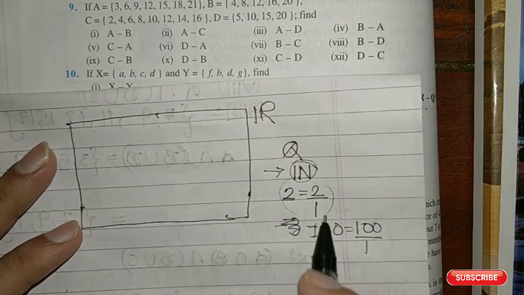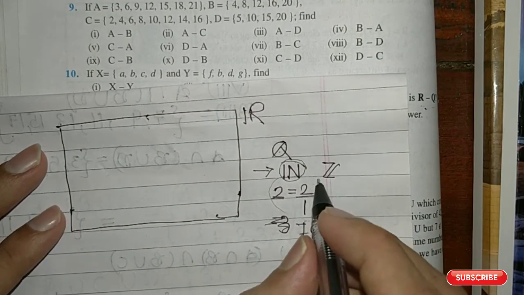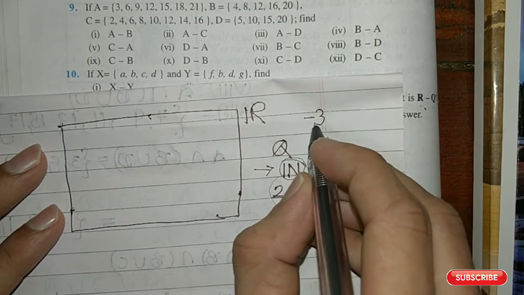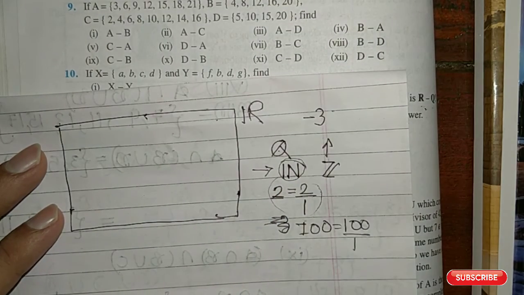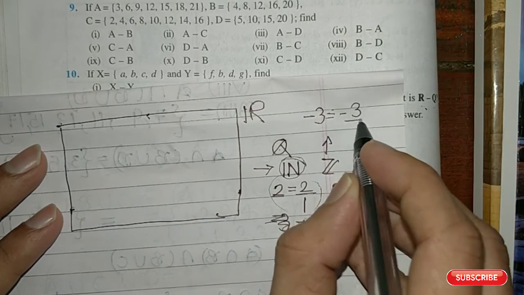Now if you look at the set Z, that is the set of integers. Here also, if you have the integer minus 3, you can write this as a rational number, minus 3 by 1.